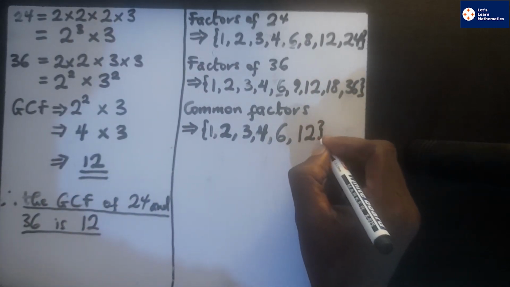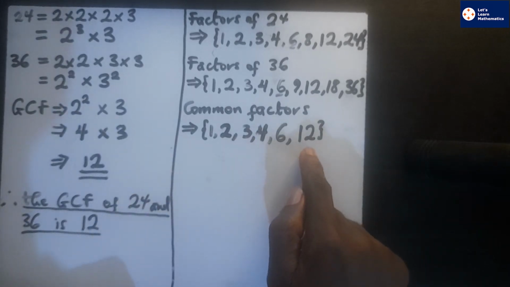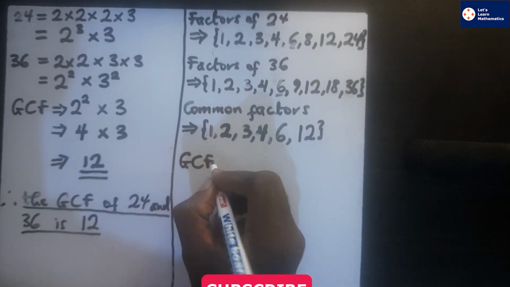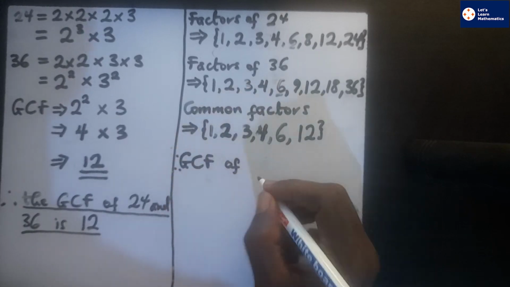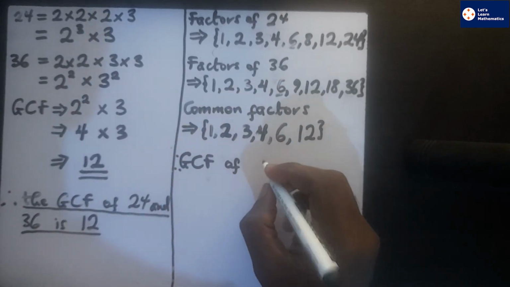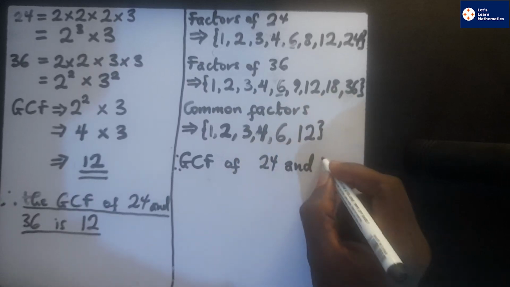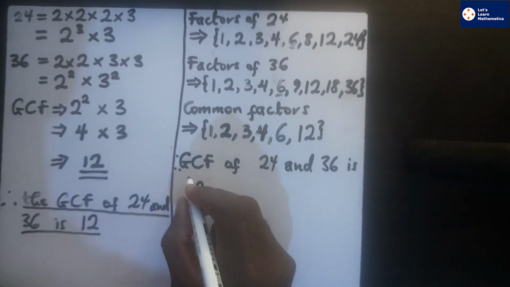So 12 is the last of the common factors. As you saw in our calculation here, 12 is the biggest number. So the greatest common factor of 24 and 36 is 12.